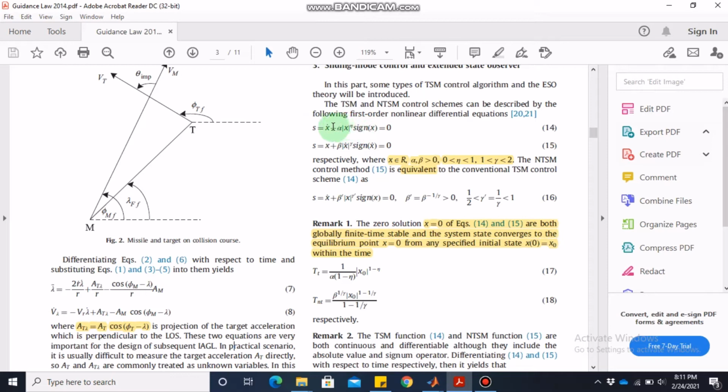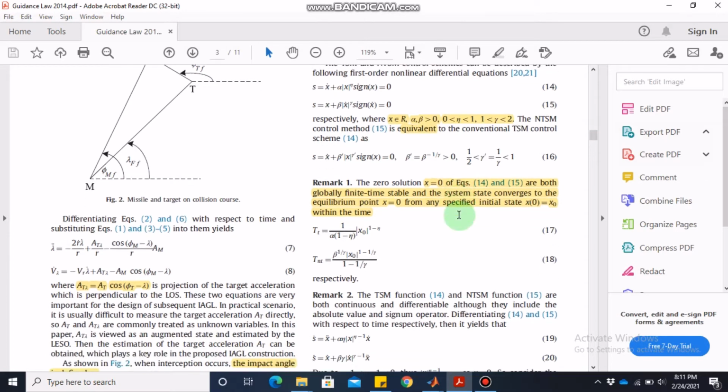Both types of sliding surfaces are used in the literature, and they are basically equivalent to each other. Both of these, 14 and 15, are equivalent.